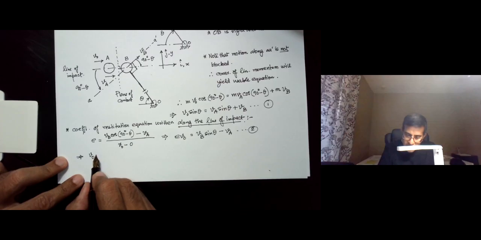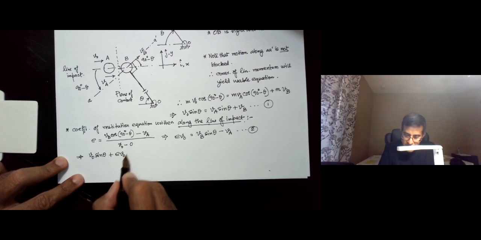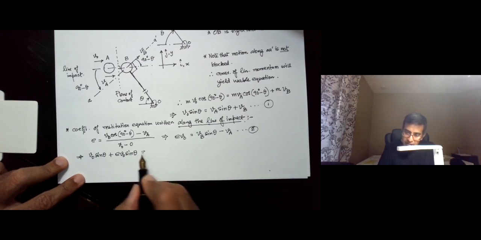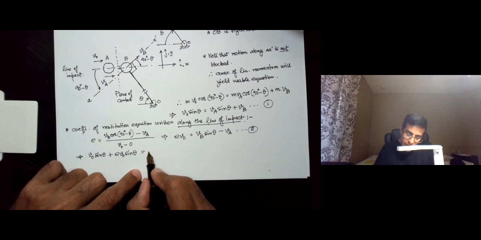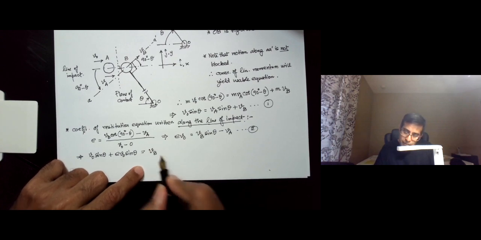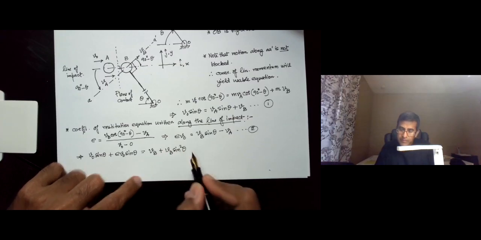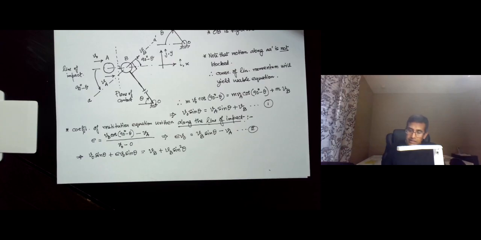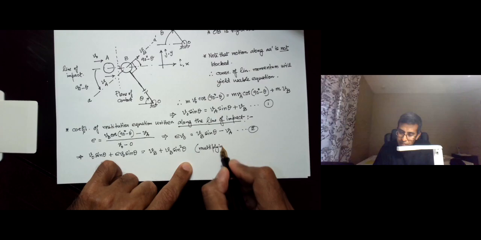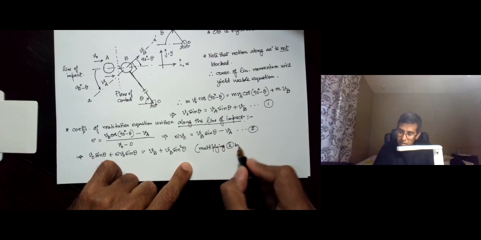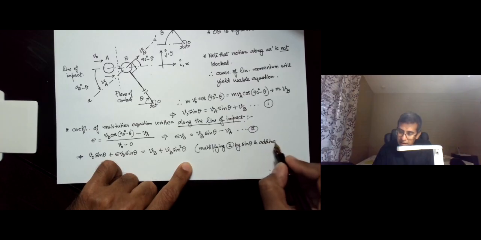So we'll have V0 sine theta plus EV0 sine theta is equal to VB plus VB sine squared theta, because this is obtained by multiplying 2 by sine theta and adding to 1.